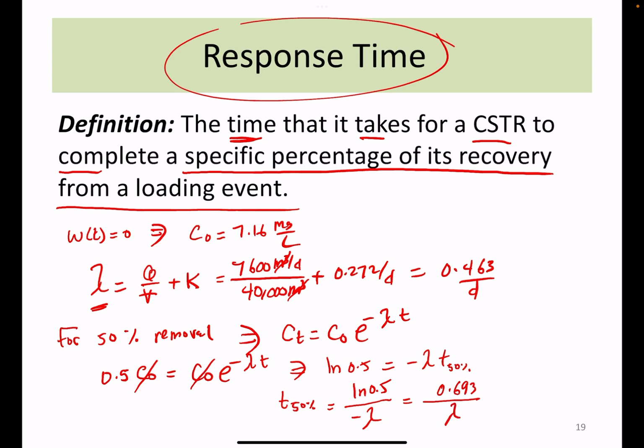So now we could put lambda as given here, 0.693 over 0.463 per day, and that will give you, I need to find this now, so calculator, 0.693 over 0.463, and that will give you 1.50 days.